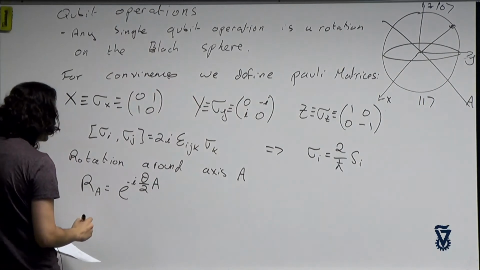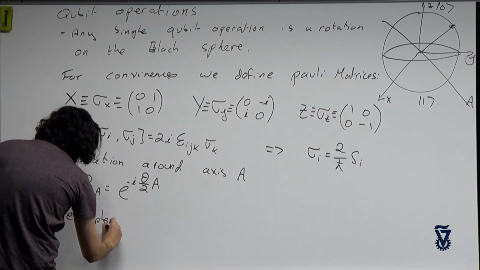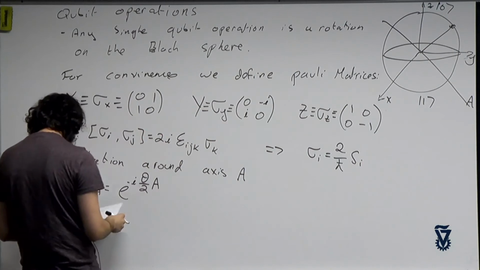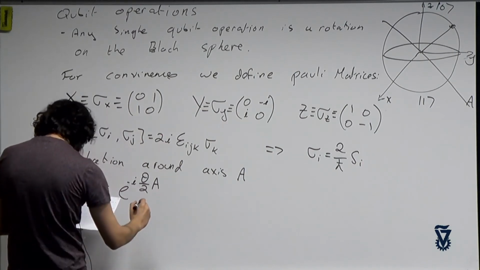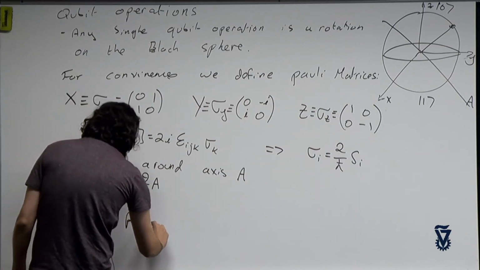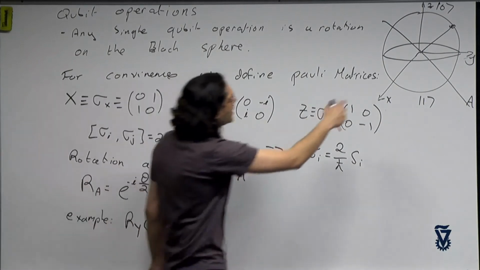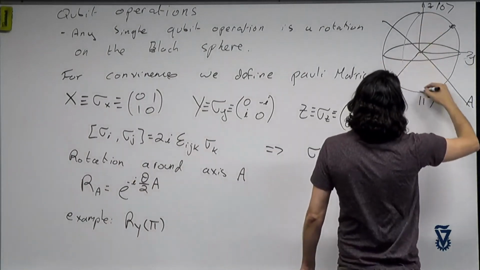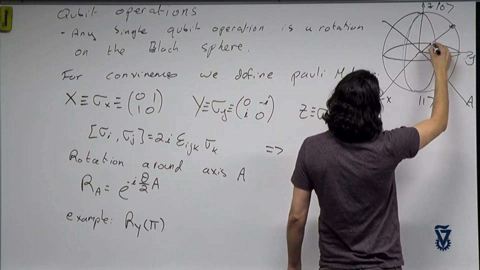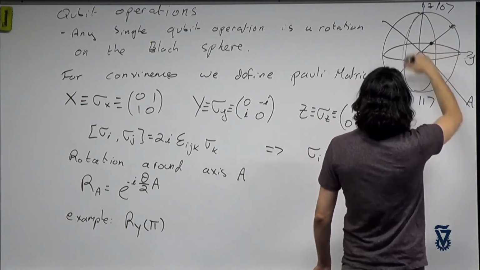So for example, let's do a rotation around the y-axis by an angle pi. So we're rotating in this disk over here by an angle of pi. It might take us from the state over here, minus, to the state over here, plus, or whatever.